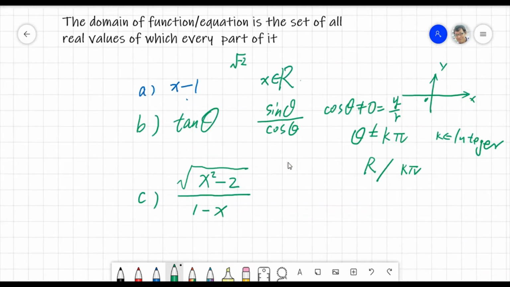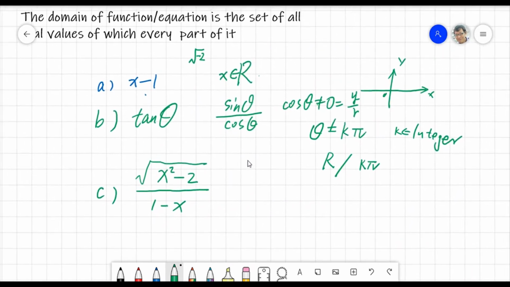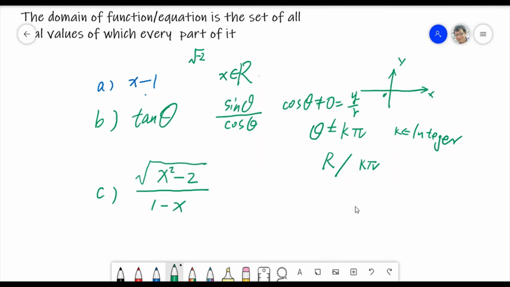Okay, let's see the third one. This expression, what's the domain? First we observe the denominator is a square root, and the number inside cannot be negative. So the part x squared minus 2 has to be greater than or equal to 0. Below, 1 minus x cannot be 0.